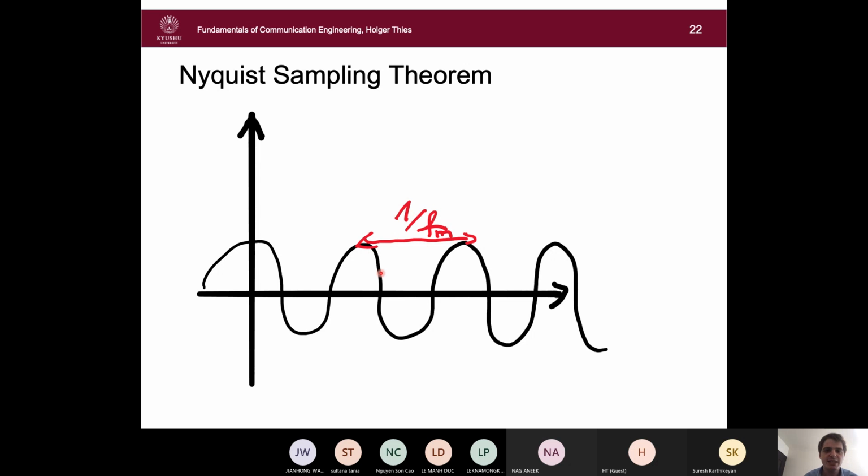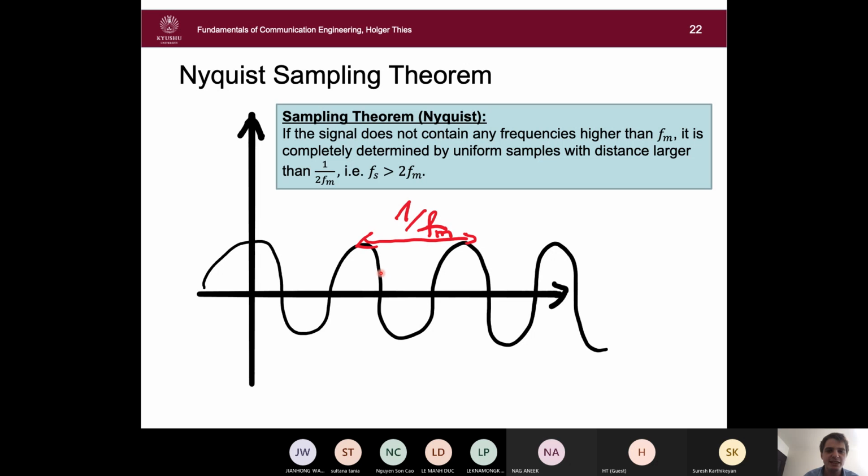What the Nyquist sampling theorem says is, if the signal does not contain any frequencies higher than the frequency fm, so the frequencies of the signal are bounded by some frequency fm, then it is completely determined by uniform samples with distance less than 1 over 2fm.